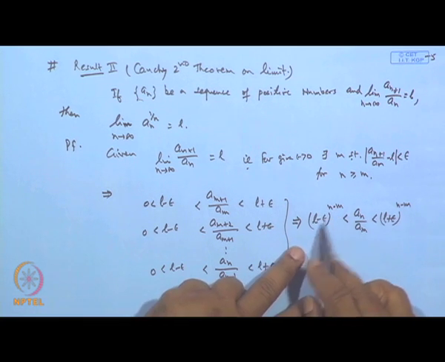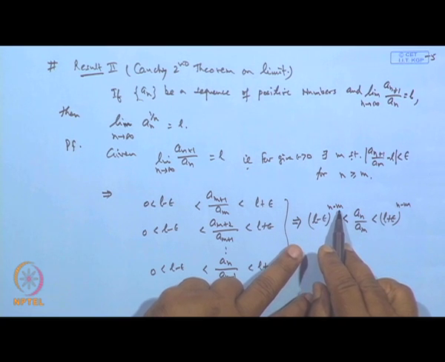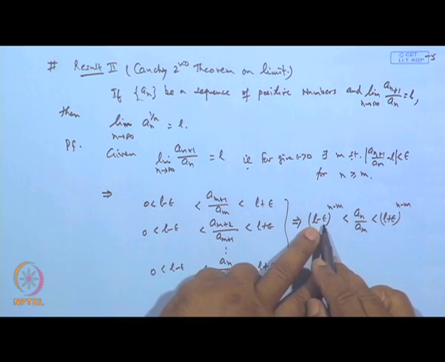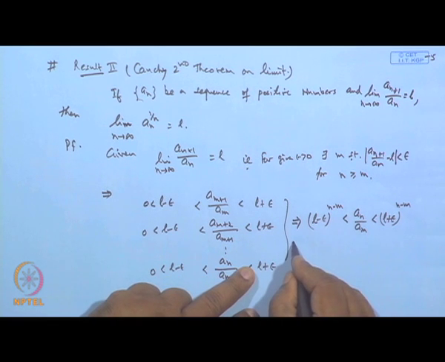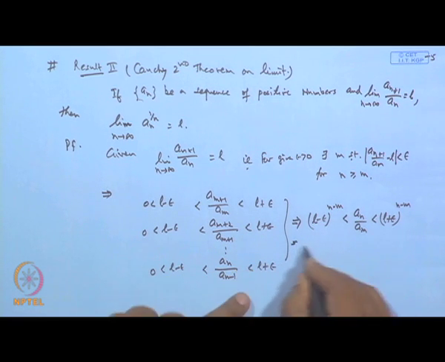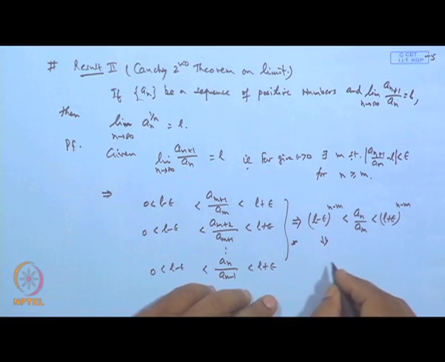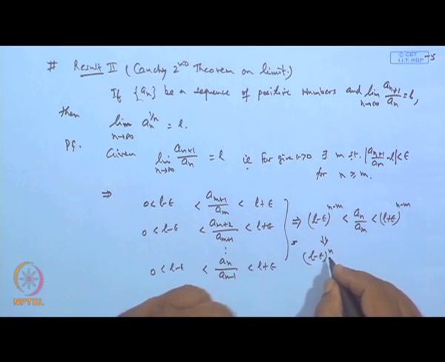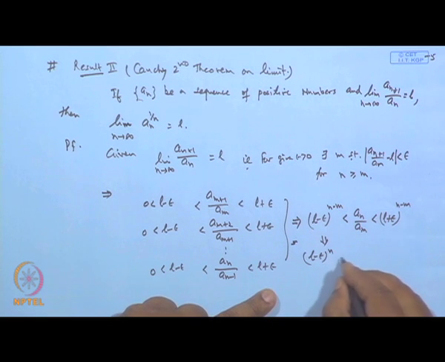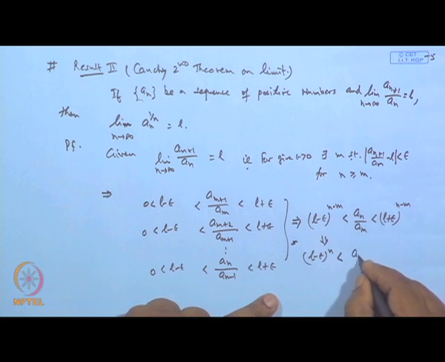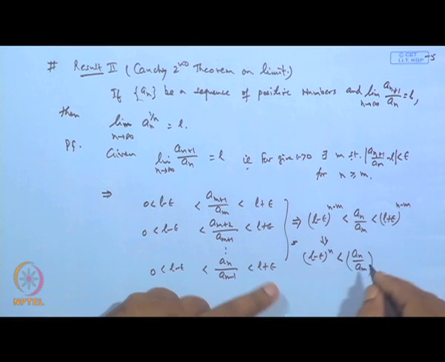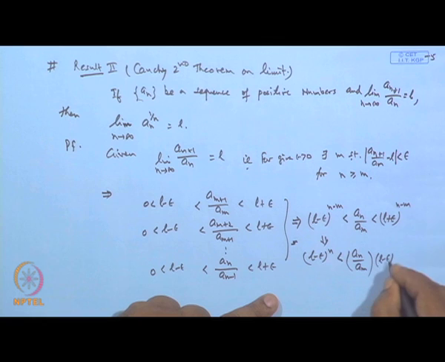Now, divide by (L minus epsilon) to the power m. Because this is a positive quantity, when you divide, this implies that (L minus epsilon) to the power n is less than, if I divide by this, then what you are getting, a_n over a_m into (L minus epsilon) to the power m.